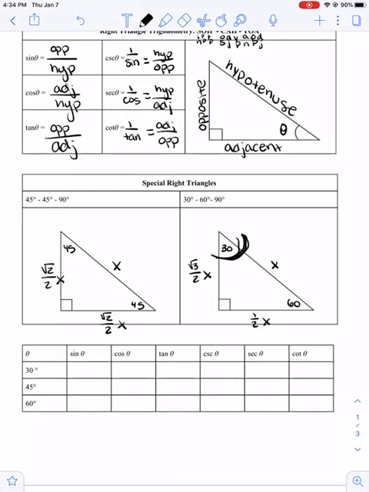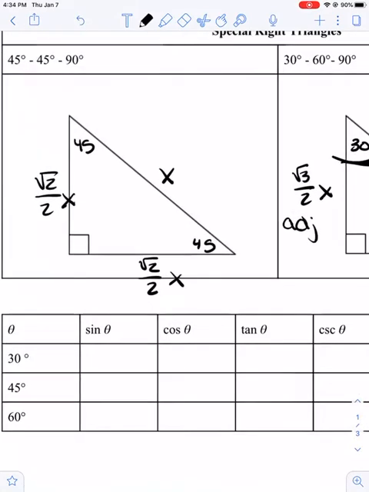So theta is here, which means the 1/2 x is the opposite, the root 3 over 2 x is our adjacent, and x is the hypotenuse. Sine is opposite over hypotenuse, so 1/2 x over x, which just equals 1/2 because the x's cancel.